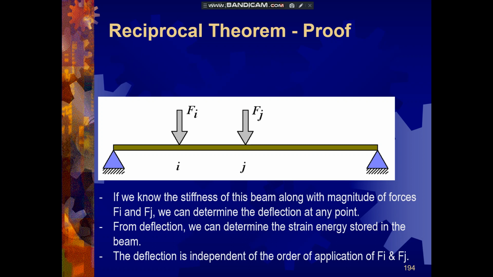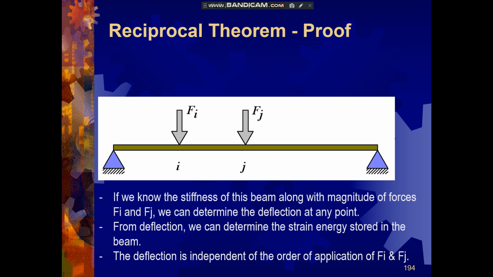So we have this system, and here in this beam, if we know the stiffness, or in other words, if we know the section modulus and length of the beam and the material properties, and we also know the magnitudes of the forces Fi and Fj along with their locations, that is the locations of point I and point J on the beam, we can determine the deflection curve for this beam.